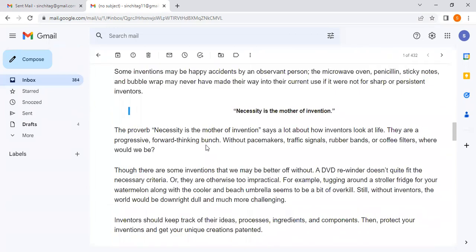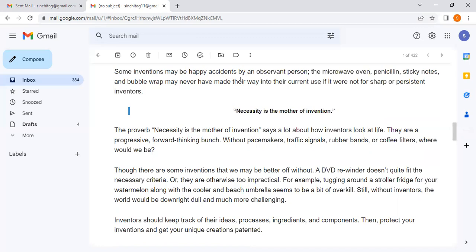Some inventions may have happy accidents by an observant person.